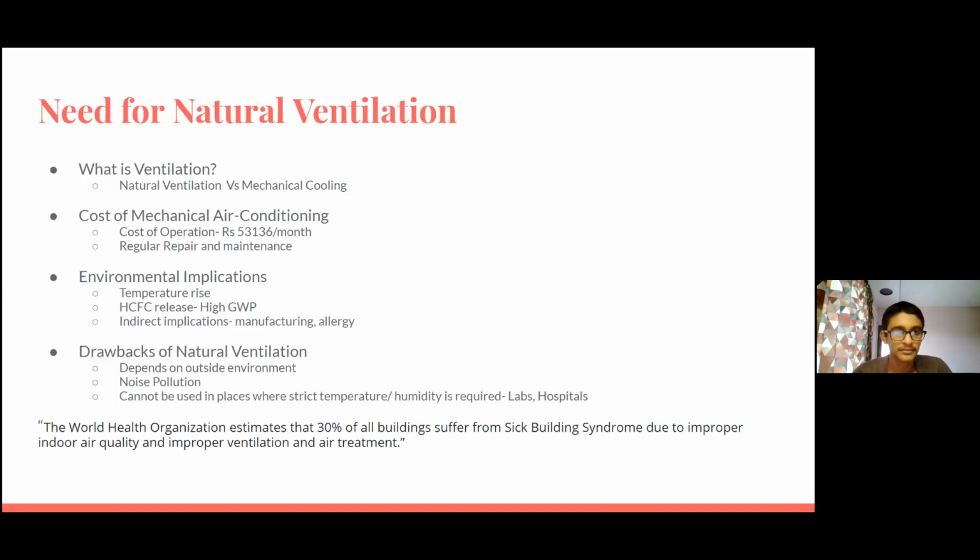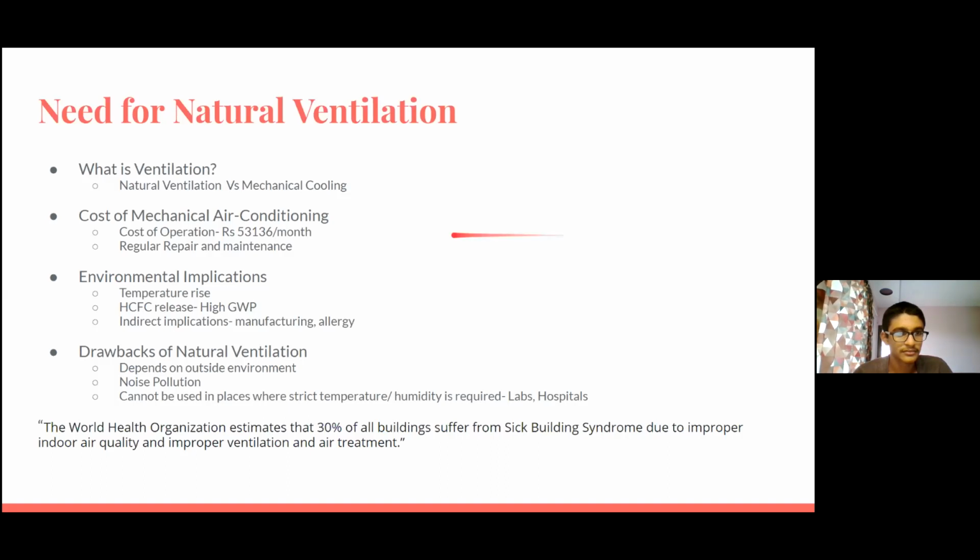Whereas in case of mechanical cooling, you use instruments such as the air conditioner to control artificially the temperature and the humidity. So these two are completely different processes, each having certain advantages and disadvantages. Today we shall be discussing the advantages of natural ventilation. But before that, let's see why mechanical air conditioning is detrimental in certain aspects.